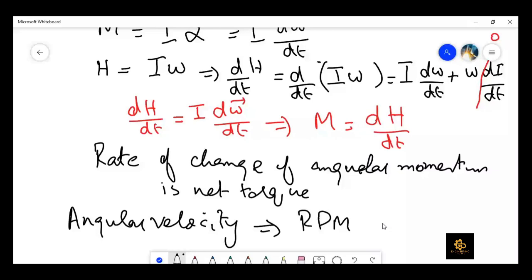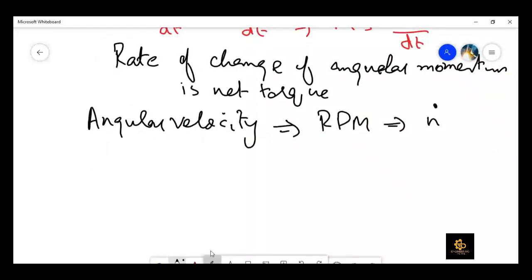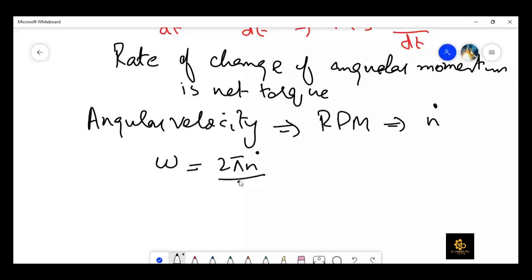So angular velocity is usually given by n dot, which is RPM. When we want to calculate that angular velocity in radians per second, which is omega, that would be equal to 2 pi n dot over 60. Because n dot is revolutions per minute, in radians we need to multiply it by 2 pi, and then because it is in minutes, we can make it radians per second by dividing it by 60, right?